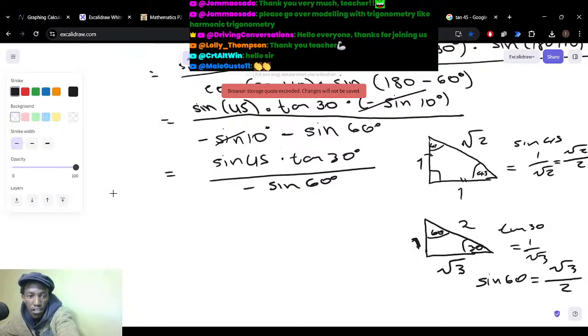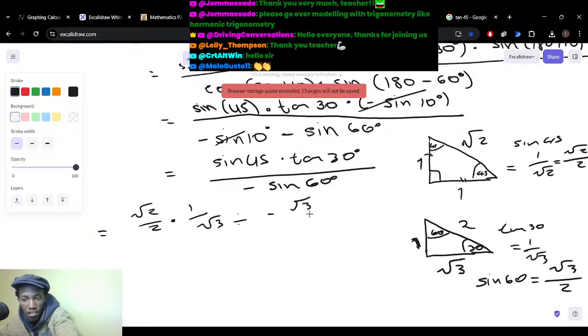So this, sine 45 is square root 2 over 2, multiplied by 1 over square root 3, divided by negative square root 3 over 2.